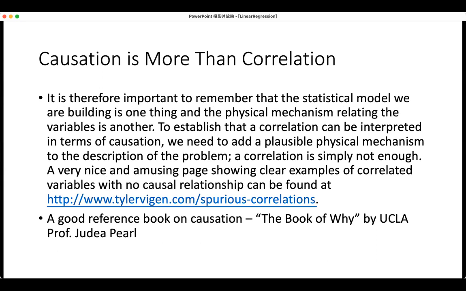You could say that causation is more than correlation, because to establish causation, not only do you need to observe correlation, but also you need to find the physical mechanism by which one variable affects the other. If you can do that, then you can claim a correlation is a causation.